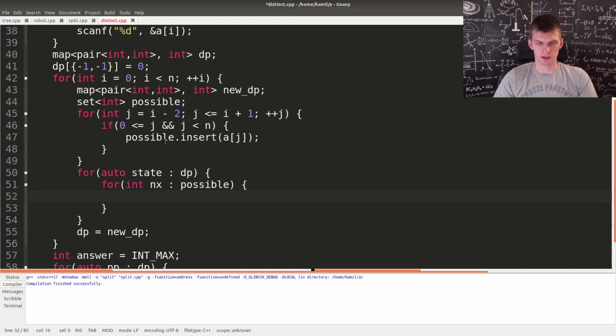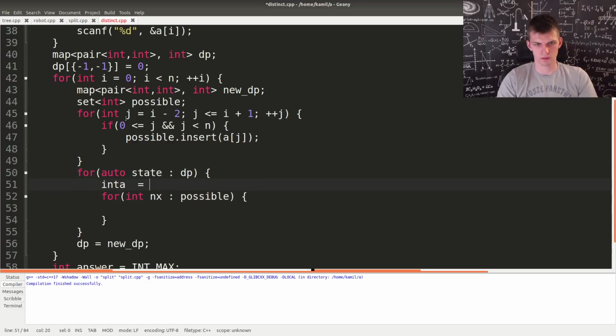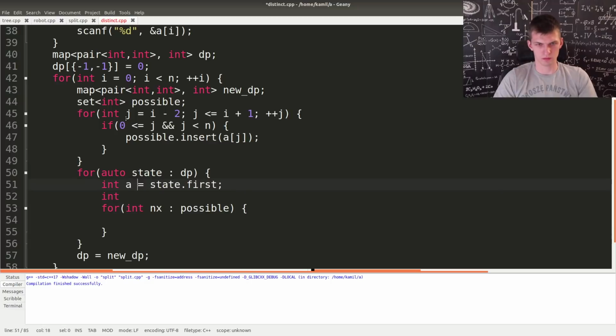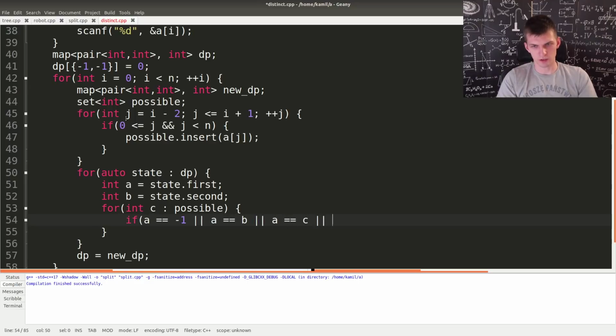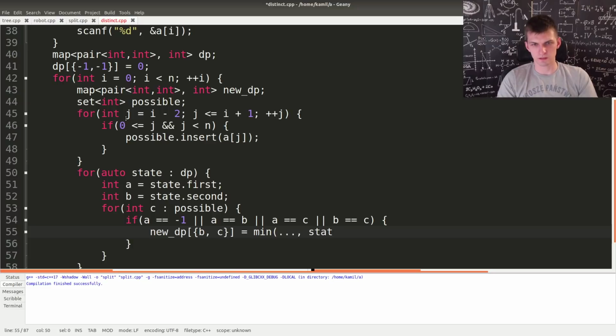Then check if this is fine. So if a is equal -1 or a equals b or a equals c or b equals c, then it's possible, and we need to say that new dp of bc is the minimum of itself, comma, state dot first dot second, and state dot second will give you the actual dp value, plus we add 1 if c is different than the current a_i, if we make a move.